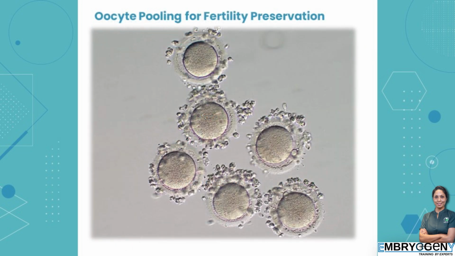Let's take the oocyte pooling for fertility preservation first. Imagine retrieving 6 oocytes for fertility preservation for a case of social freezing for a 37-year-old female. Experienced embryologists will be able to tell right away that there is a high chance that these oocytes might not lead to a live birth eventually, and you might want to suggest another cycle of oocyte harvesting.